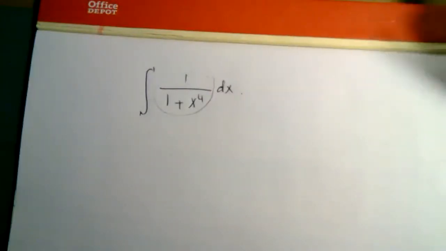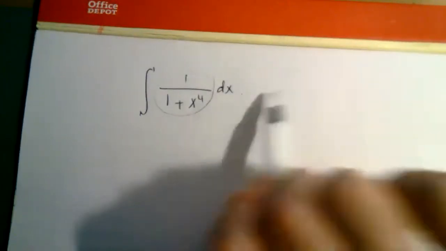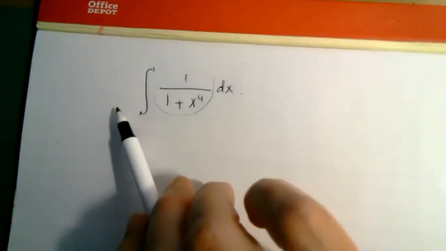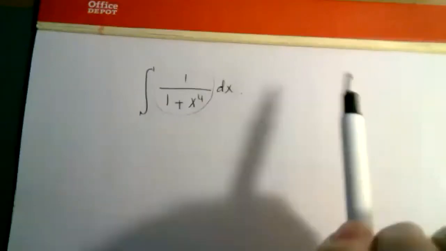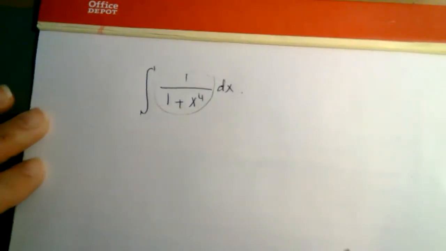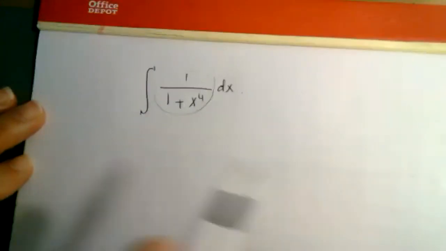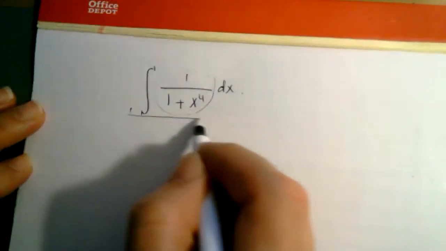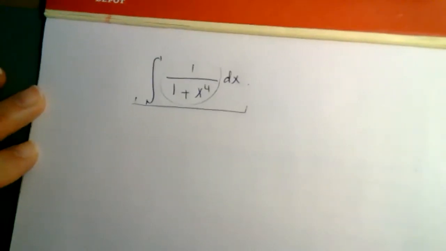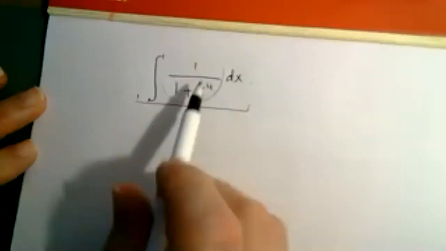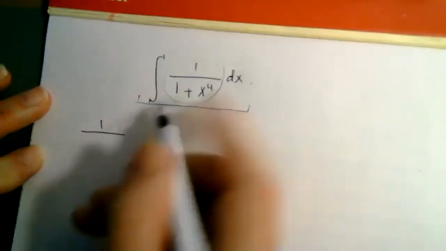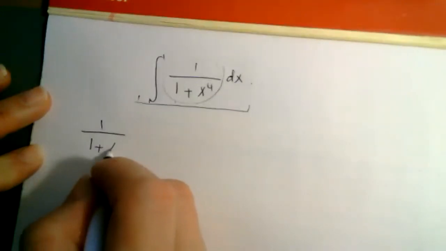The only antiderivative this function has is a series by itself. That's one application of the idea of a power series. So suppose I tell you to find the power series representation of this integral, because that's the only way I can find the antiderivative. I really don't have any other way to do it. Now, this is not hard anymore for us because we know the power series of that. We know this one.